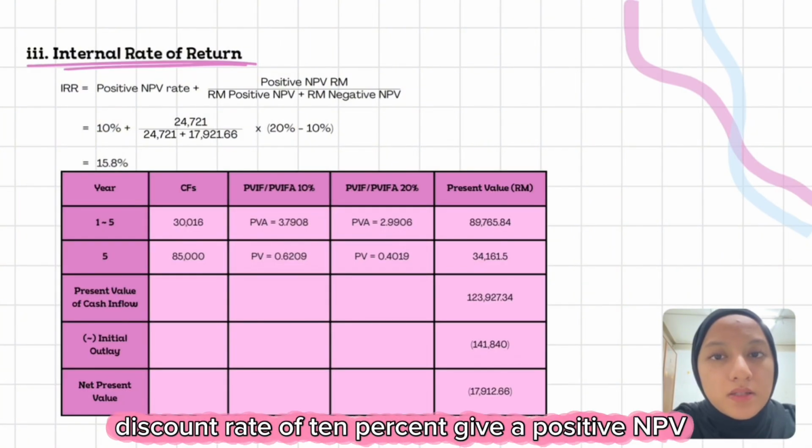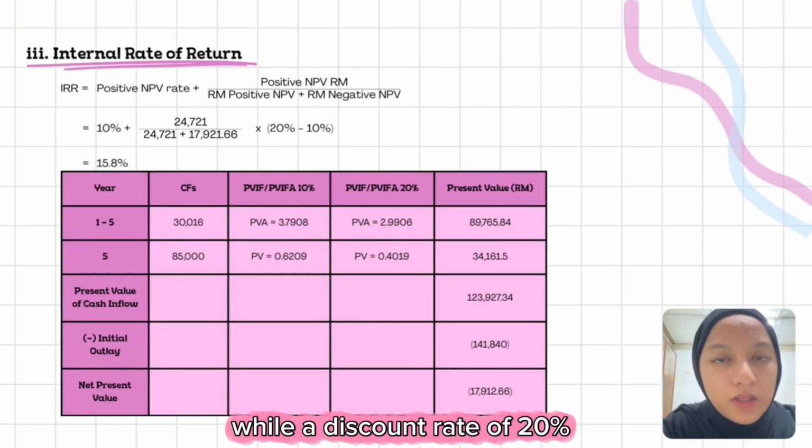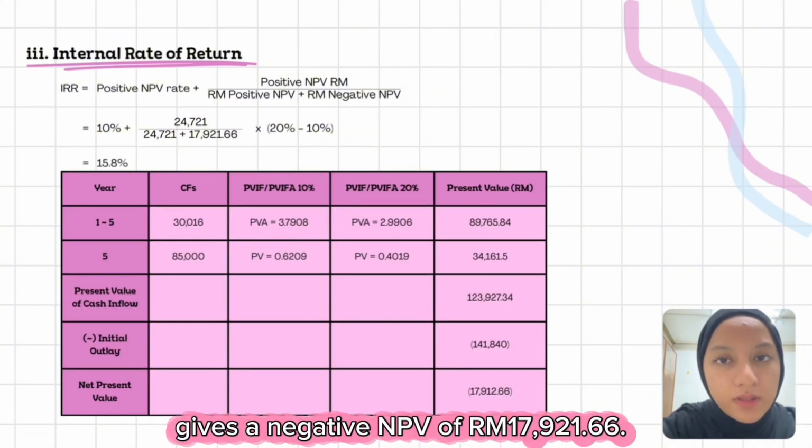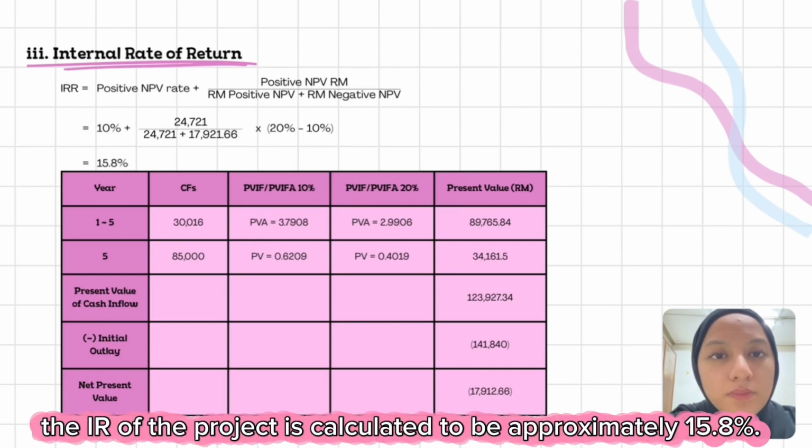The project at a discount rate of 10% gives a positive NPV of RM24,721, while a discount rate of 20% gives a negative NPV of RM70,921.66. After applying the formula, the IRR of the project is calculated to be approximately 15.8%.